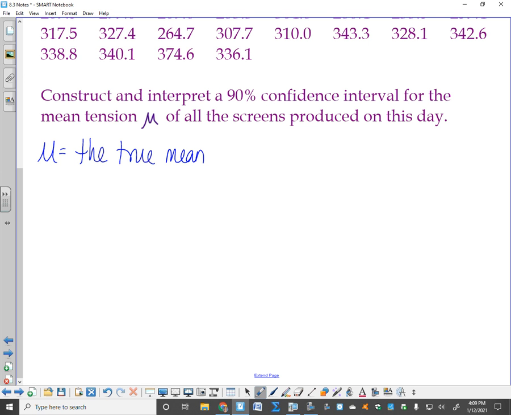True mean what? What are we measuring? The true mean tension of all the screens produced on this day.